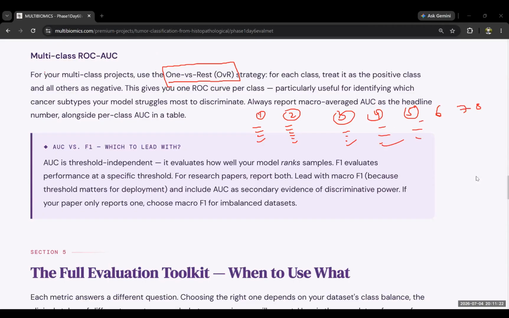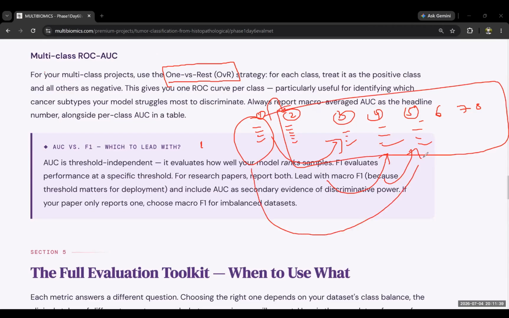One versus rest: if it is class 1, it should not be placed in any of the rest of the classes. If it is placed in any other class, it will be treated as a false positive. All others are negative.